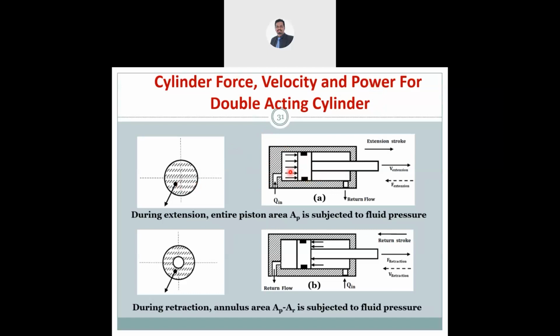Say you want to find it for extension. If you want to extend this, you need to consider the area of exposure. The piston is usually circular.